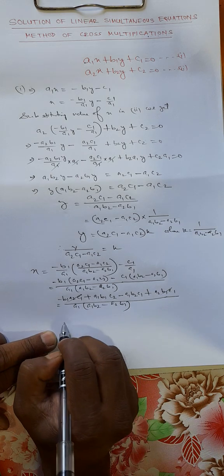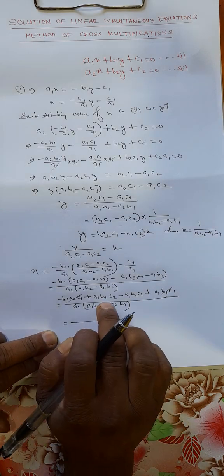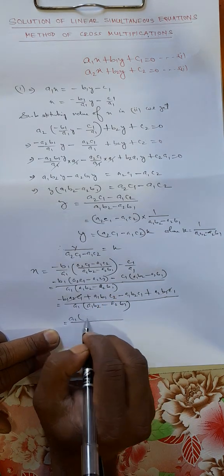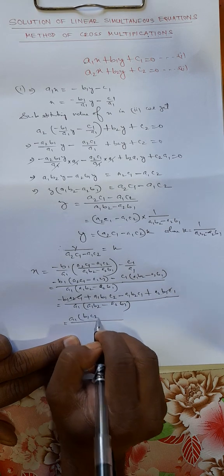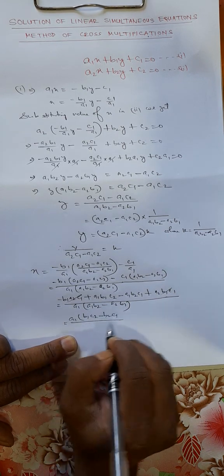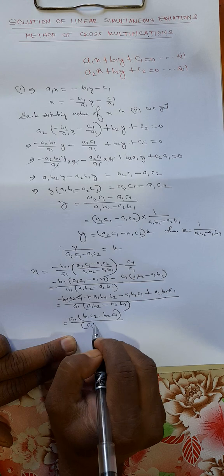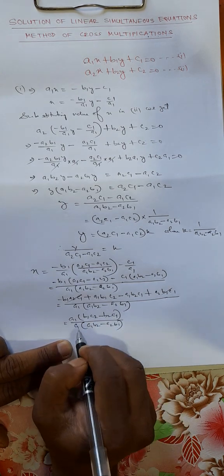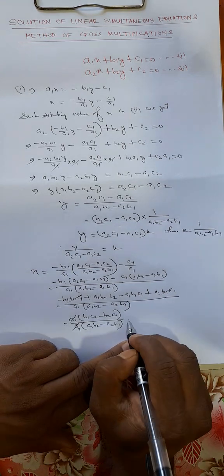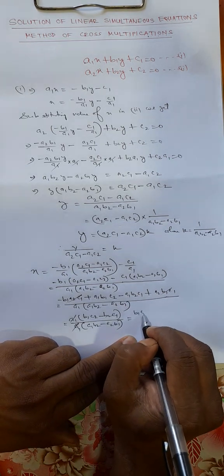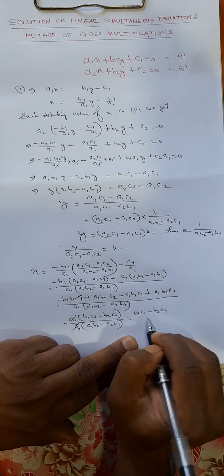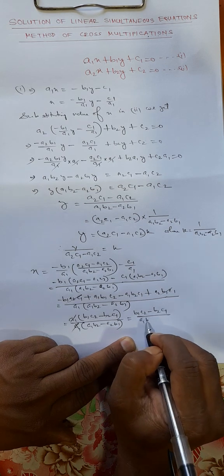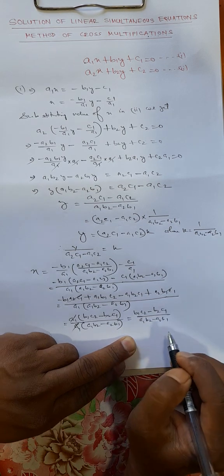So on simplification we got a1 multiplied by (b1c2 minus b2c1) divided by a1(a1b2 minus a2b1). This a1 cancels, so we can write it as (b1c2 minus b2c1) divided by (a1b2 minus a2b1).